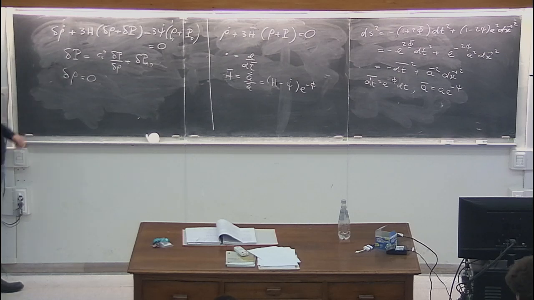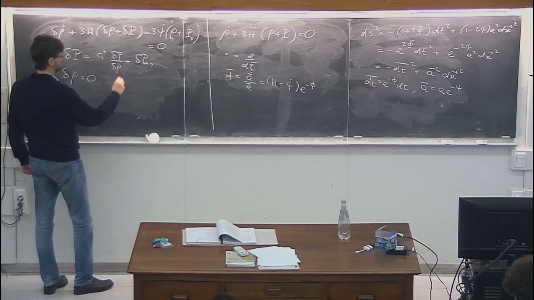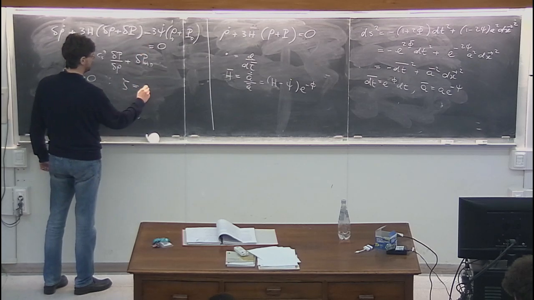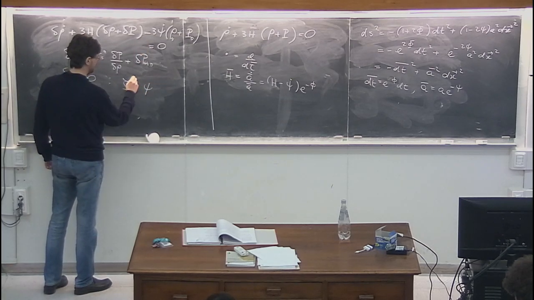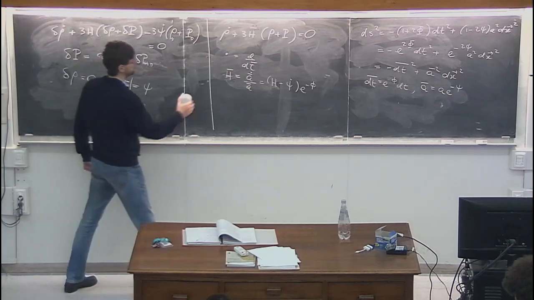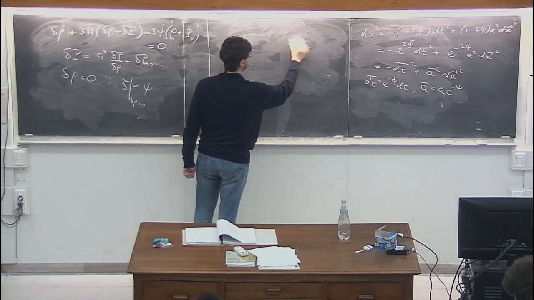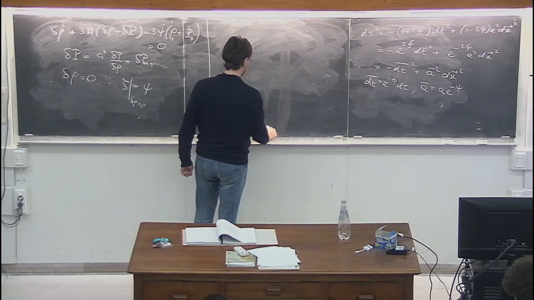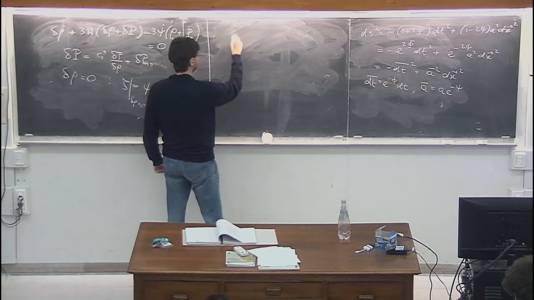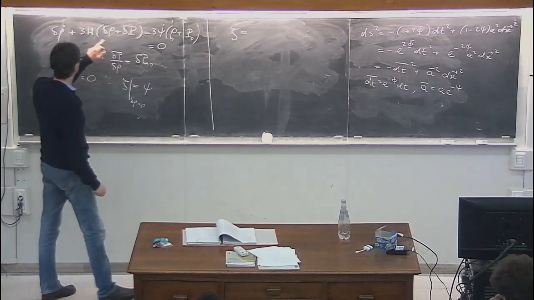If I do that, then of course zeta becomes equal to psi, because I'm working in the gauge where delta rho is equal to 0, and therefore I have psi dot equal to something, but that psi dot is equal to zeta dot. So I have zeta dot equal to, I get it from here.